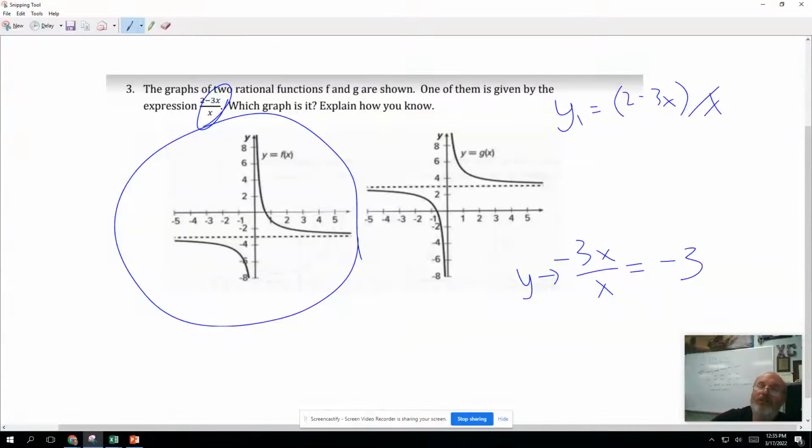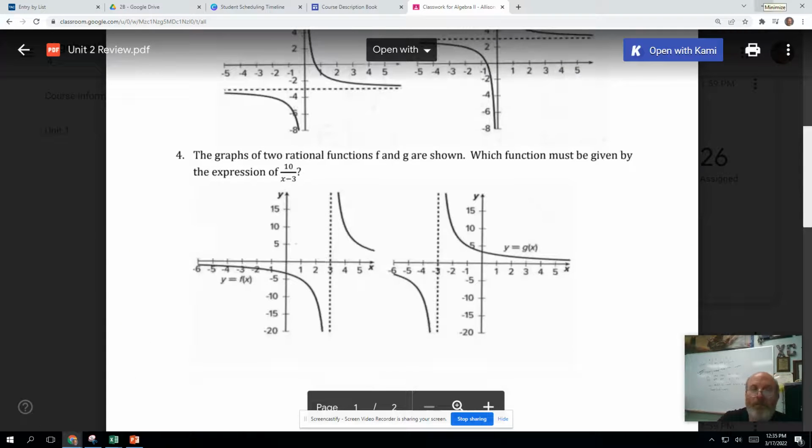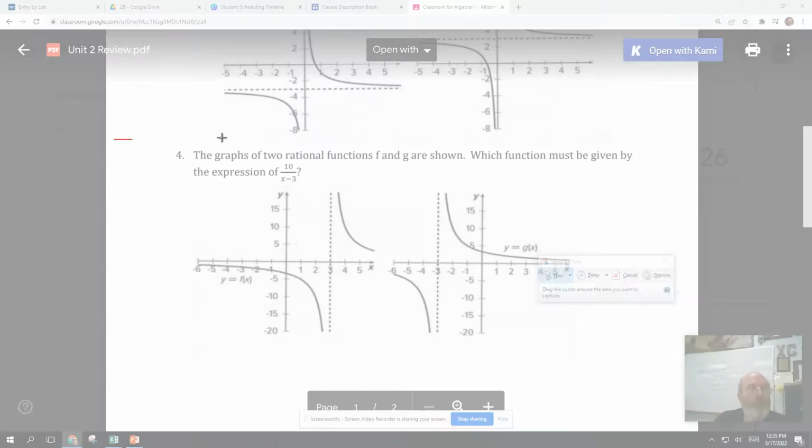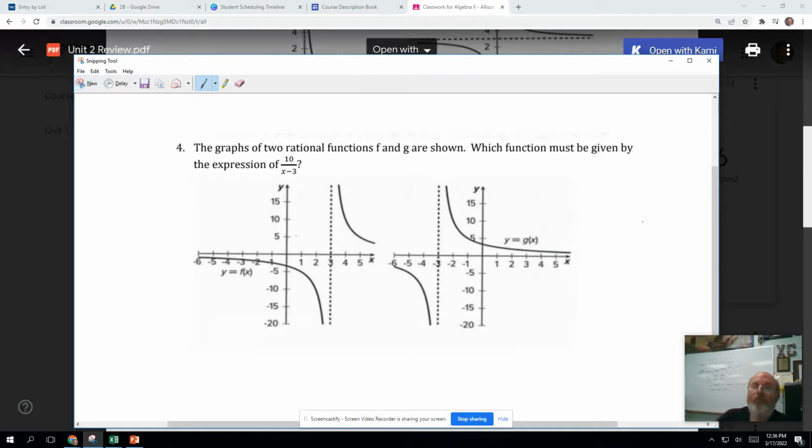So when you look at this next one, when you graph it, there is no x on top, is there? So when you graph this one, you're going to graph y1 equals 10 divided by, now we have to put the denominator in parentheses.